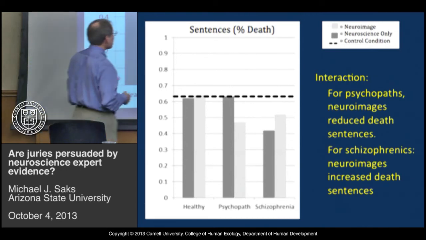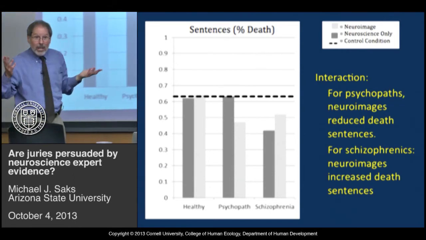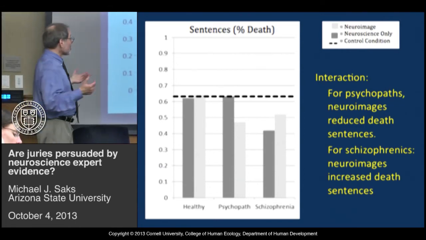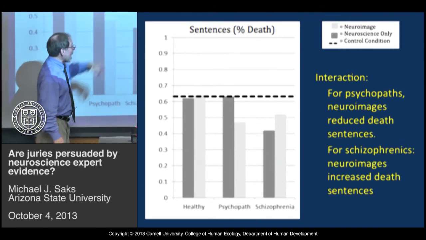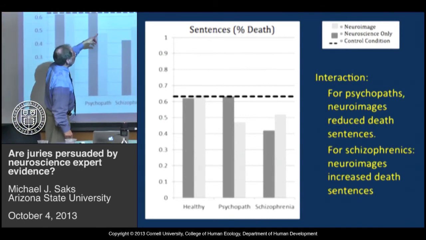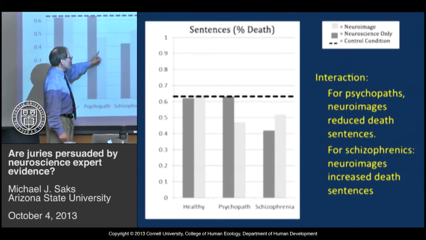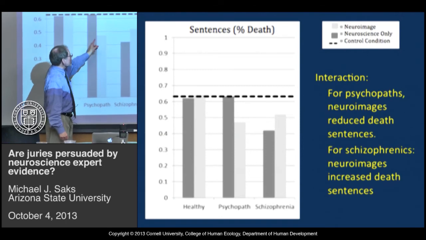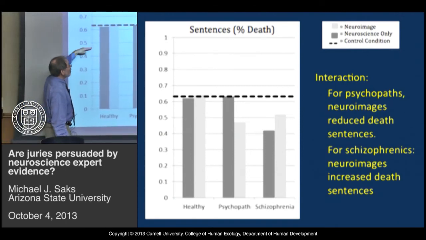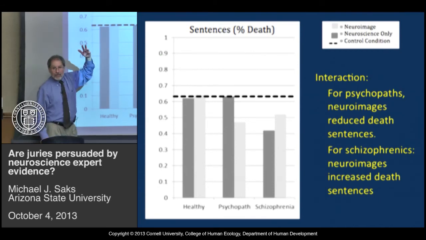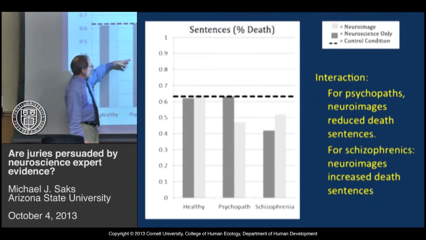He talked us into doing the study because he wanted to know, is this having any effect? And lo and behold, for psychopaths, the neuroimage reduces death sentences from 62% down to 48 or thereabouts. So it is having an effect.